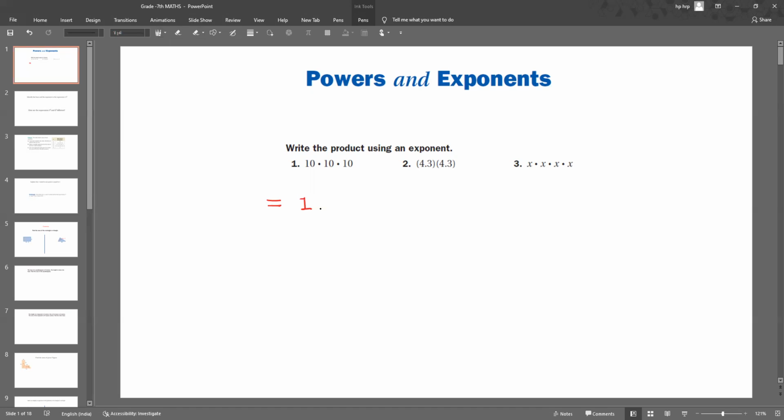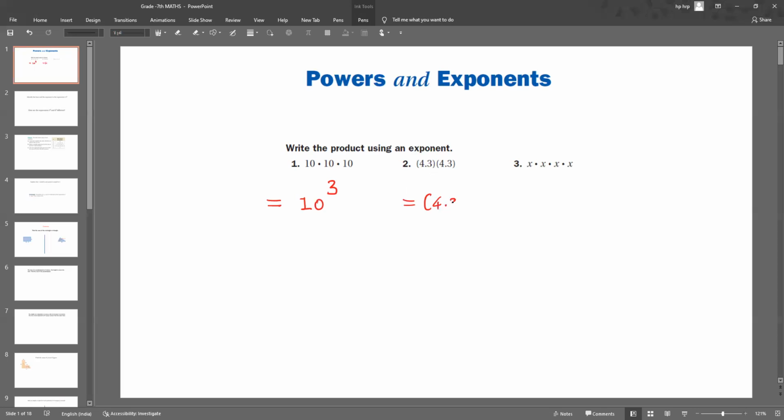Yes, correct. That can be written as 10 to the power 3, because here 10 is multiplied 3 times. In the second question, we have 4.3 multiplied by 4.3. How can this be written in the form of exponent and power? 4.3 squared.